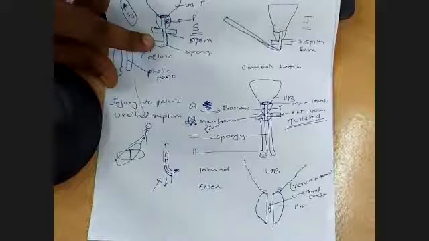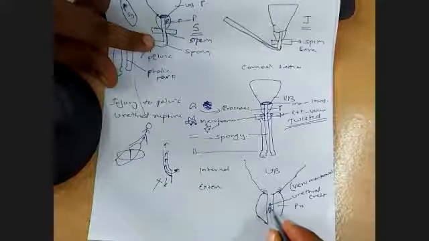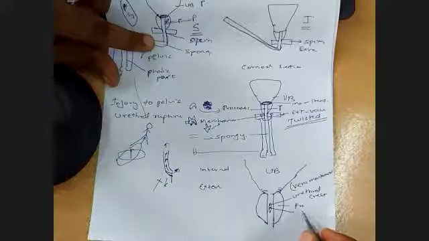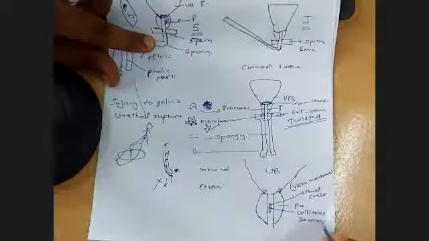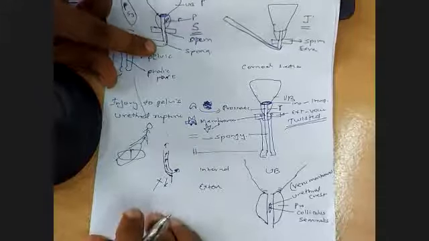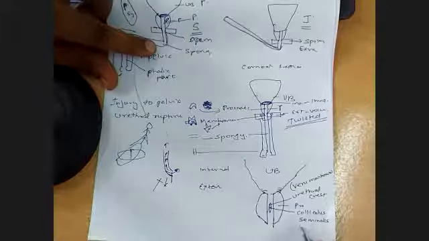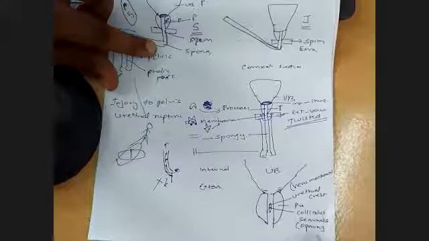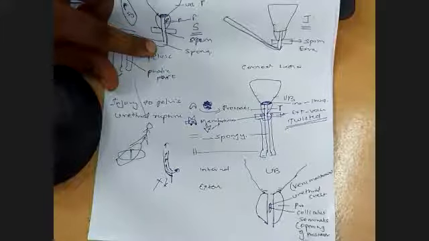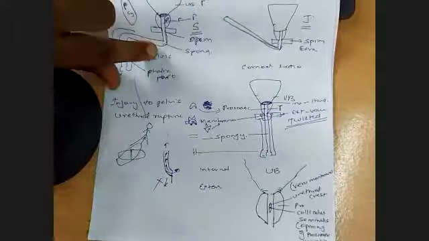This prostatic utricle opens on this urethral crest, and this opening is called colliculus seminalis, which is the opening of the prostatic utricle.